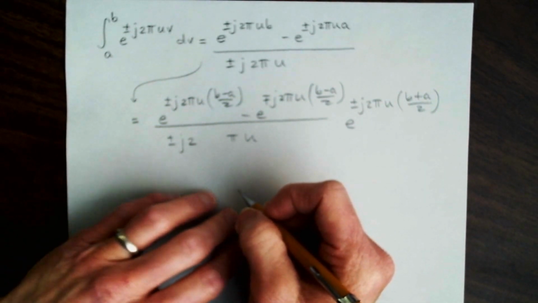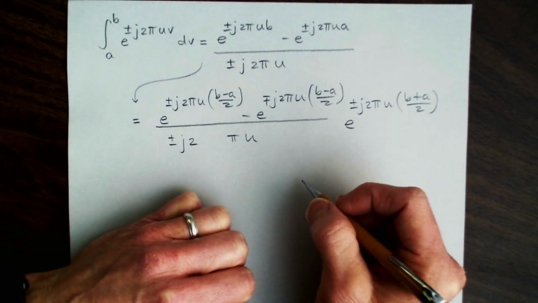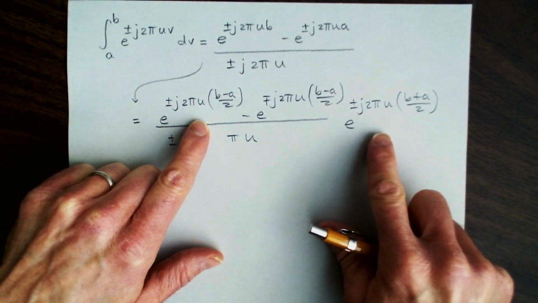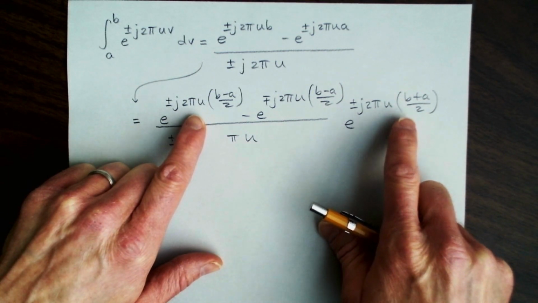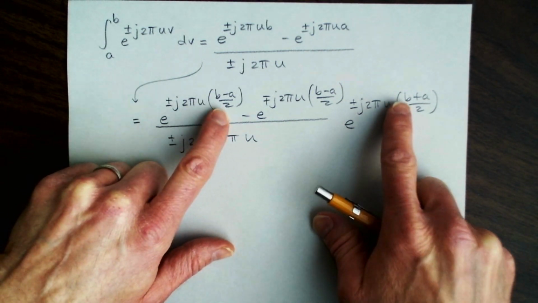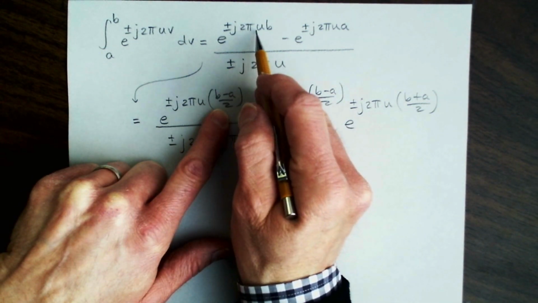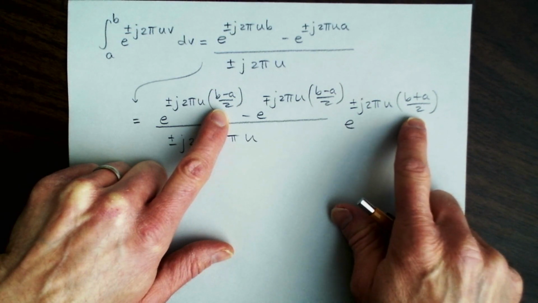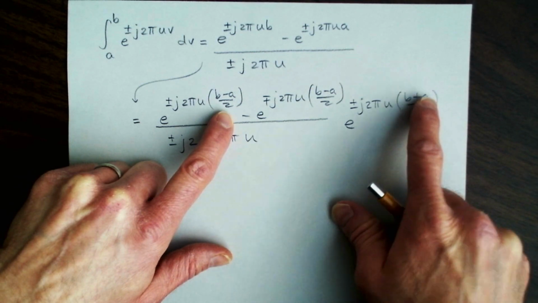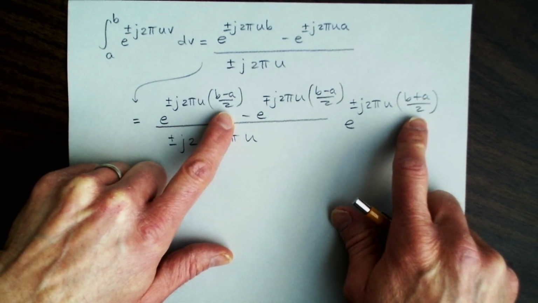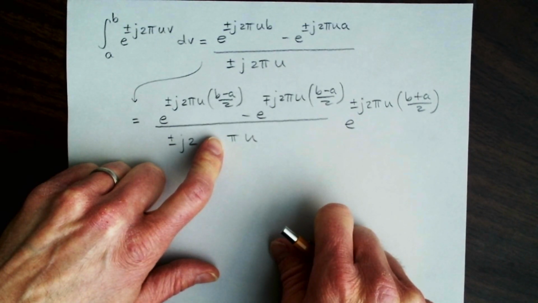We probably should check to make sure that this is equivalent to what we began with. So the first term, if we look at the product of these two terms, we can see that here we have b over 2 and another b over 2. So if we put those together, we'll get the 2 pi u b. If we look at what happens with the terms involving a, we have minus a over 2 here and plus a over 2 here. So those cancel, and we're just left with 2 pi u b in the exponent of the first term.